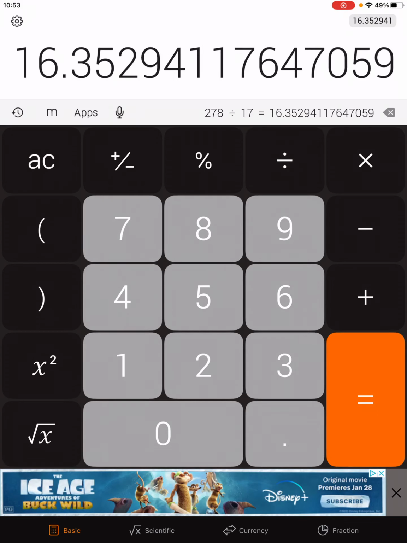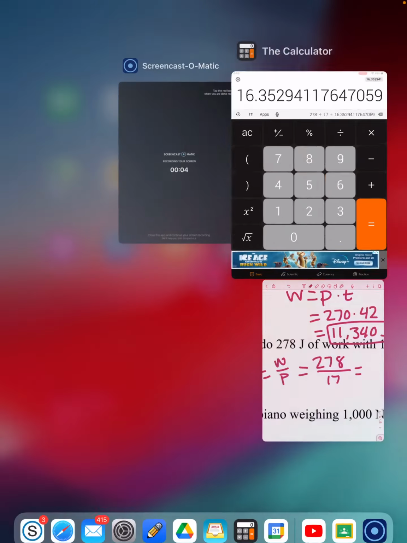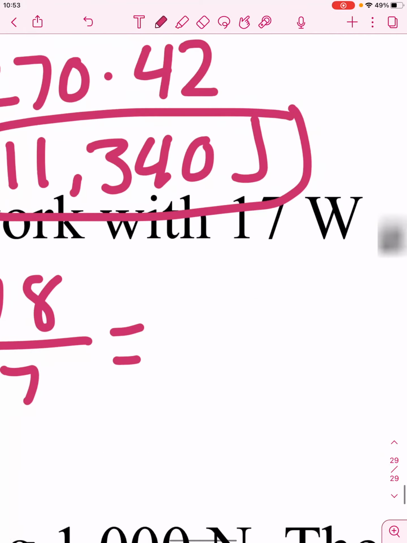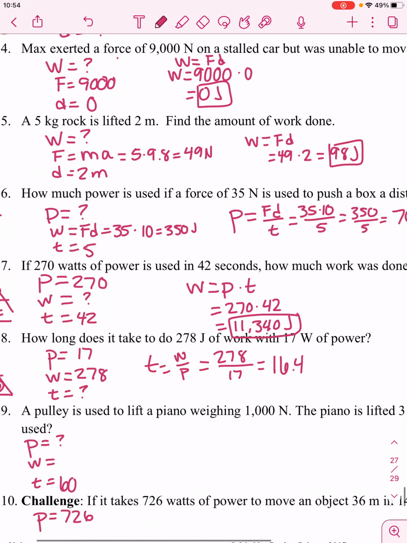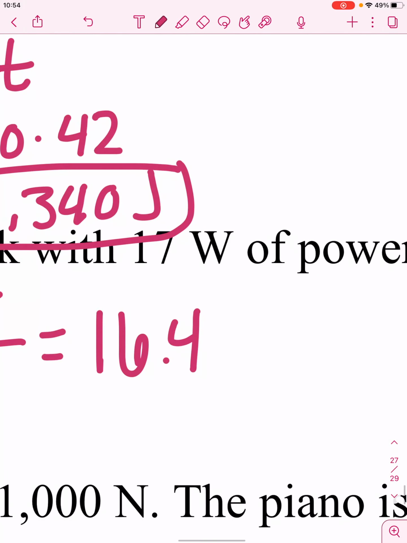And we're looking at time, so that is seconds. All right, so time is equal to work divided by power, 278 divided by 17.